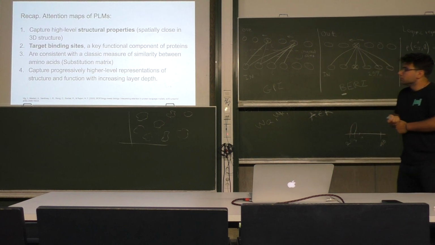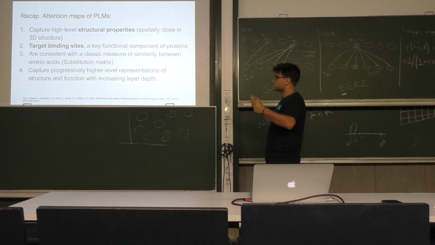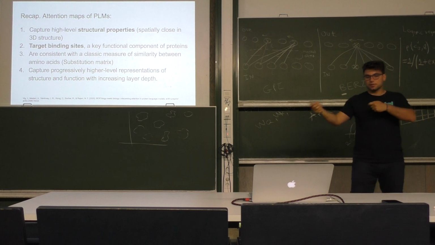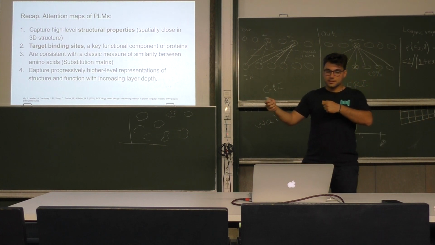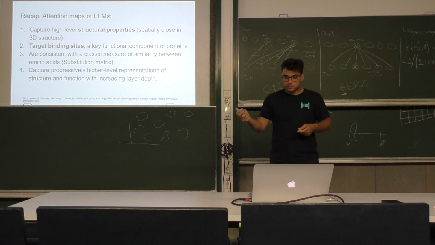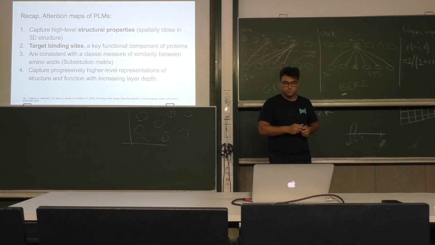So indeed, only from sequence data we can capture structural properties, we can even see how these weights target binding sites. They are consistent with the standard analysis from bioinformatics, as we saw with the substitution matrix.